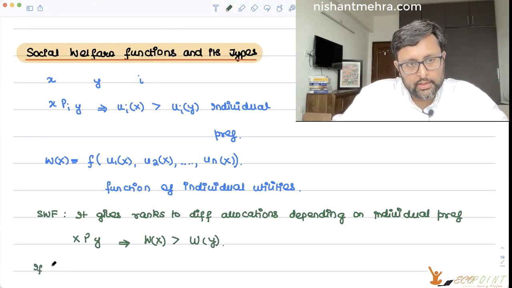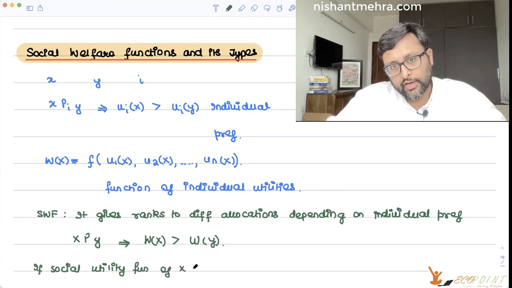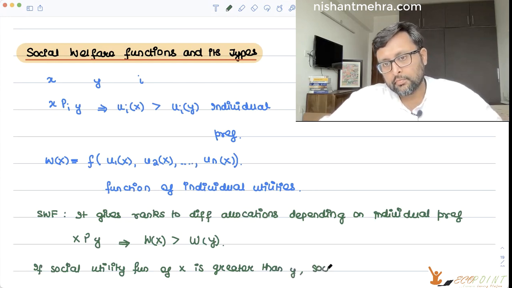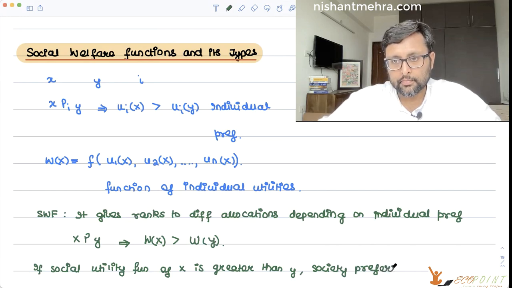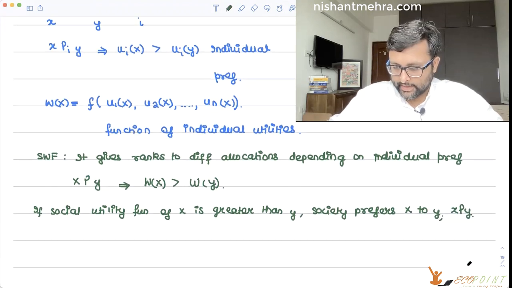So if the social utility function of X is greater than that of Y, society prefers X to Y. Society is preferring X to Y.